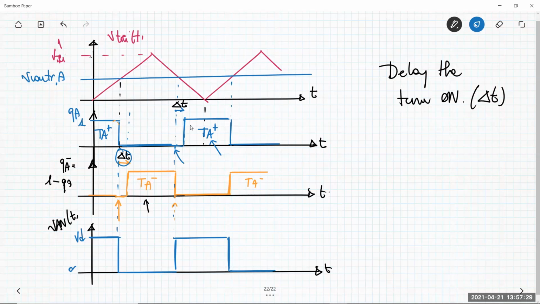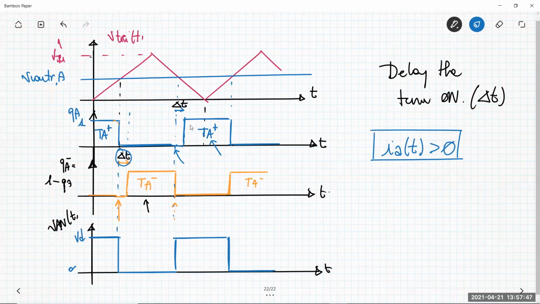Let me consider what happens for two different situations. The first one is when the current IA is positive, and the second one is when the current exiting the node A at the current port is negative. Let's start with this positive current.